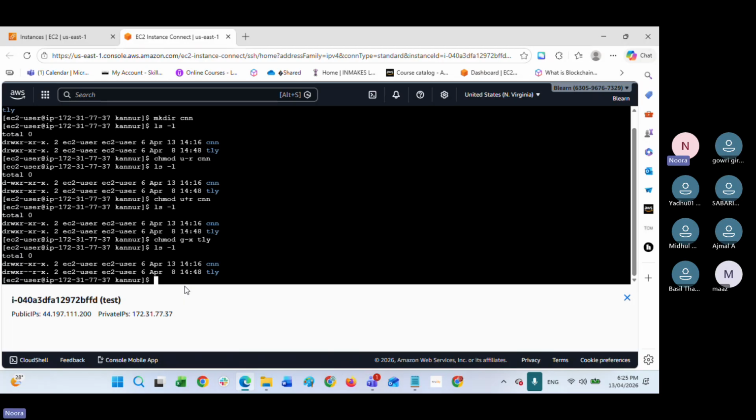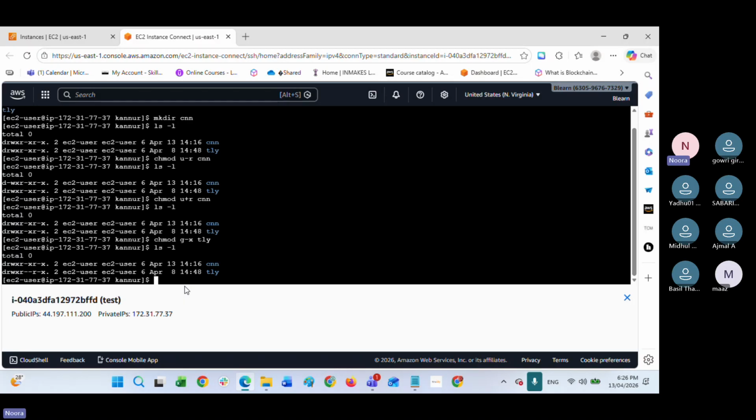Write means what is the notation you will use? W. So it is plus W. I want to add write permission to which category? To others. So how do we represent others? O.